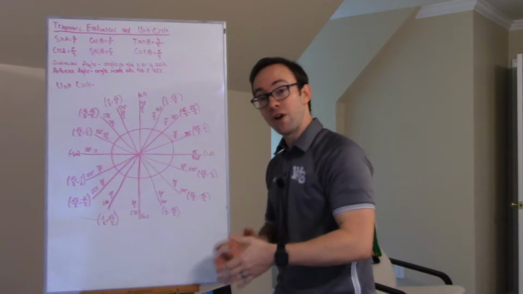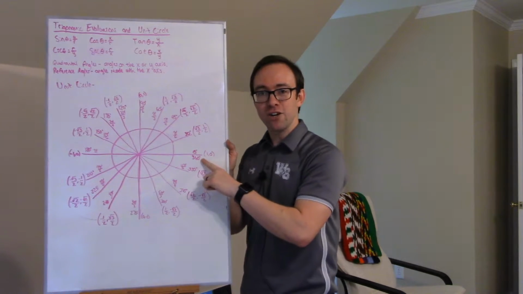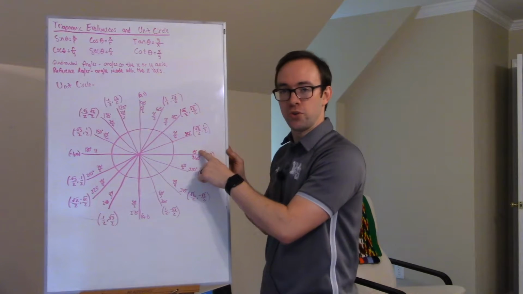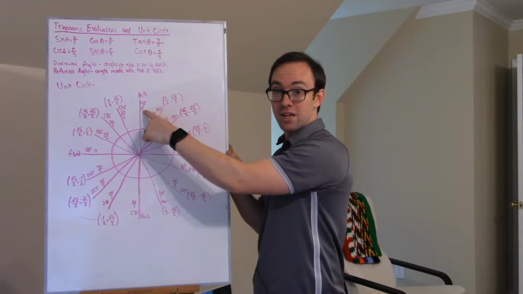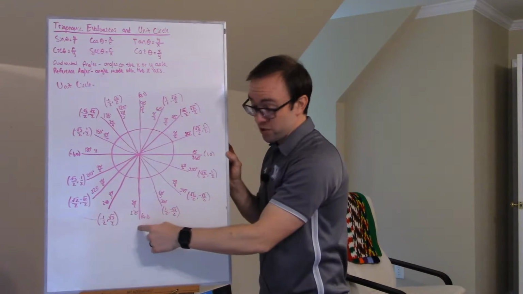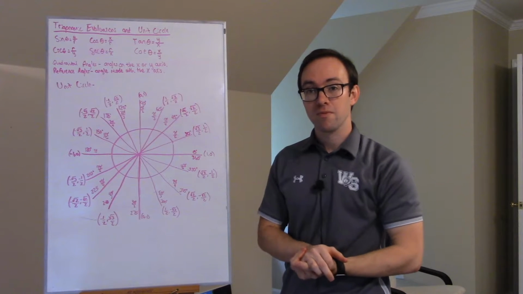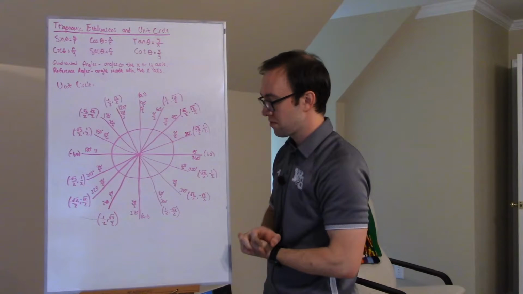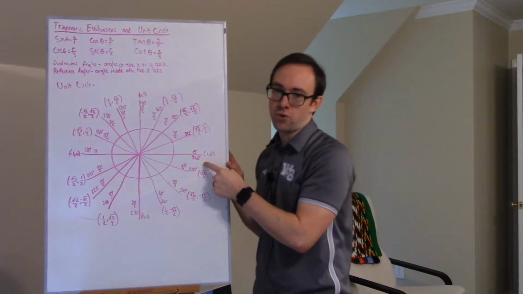And then of course, referencing last week when looking at angles, you're starting here on the positive x-axis at 0 degrees. Then you go up to 90 degrees, then over to 180 degrees, and then you keep going to 270 degrees, and then you make your way all the way back to 360 degrees.